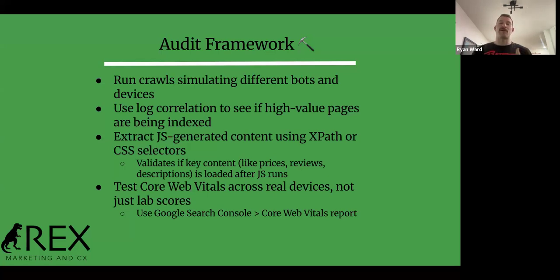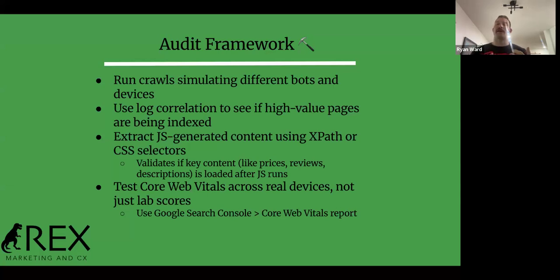Understanding, which I spoke about earlier, what content is being generated by JavaScript. For example, it's very common if you have a Shopify site, or a site that utilizes JavaScript plugins, like a WordPress site, for content to be rendered after JavaScript runs.